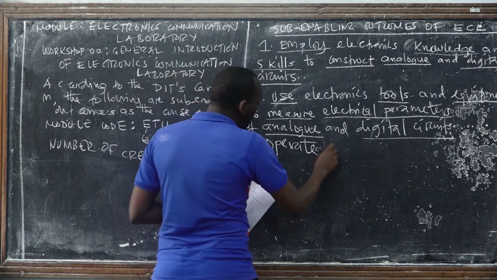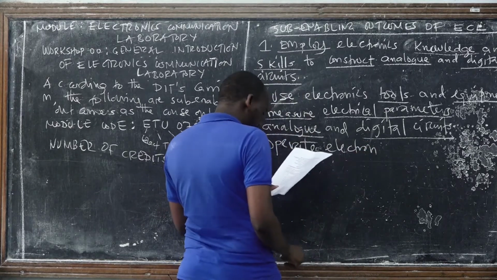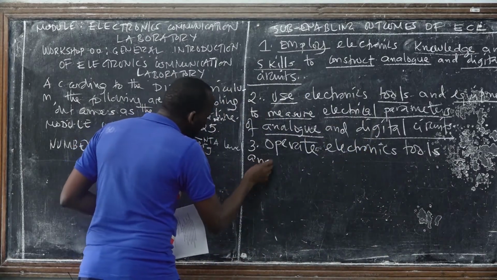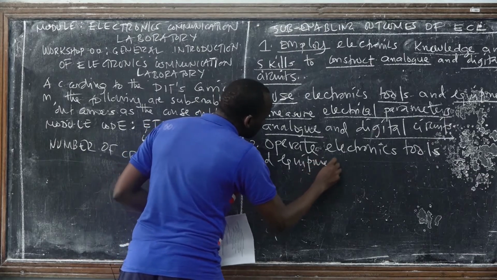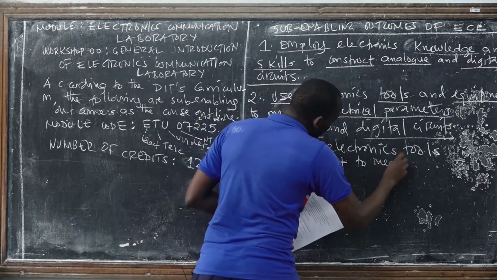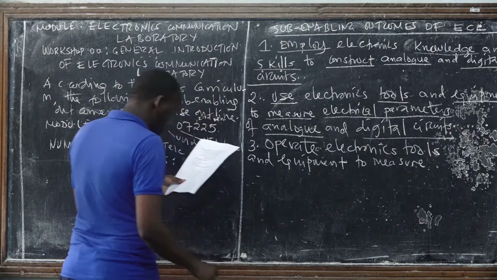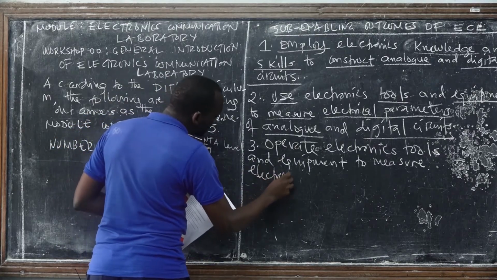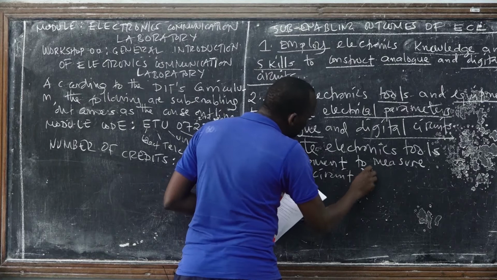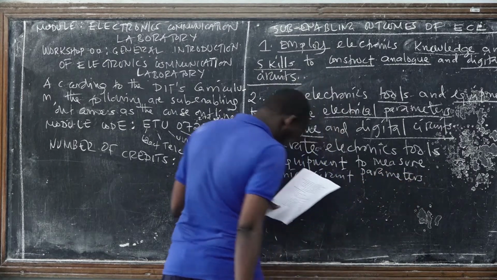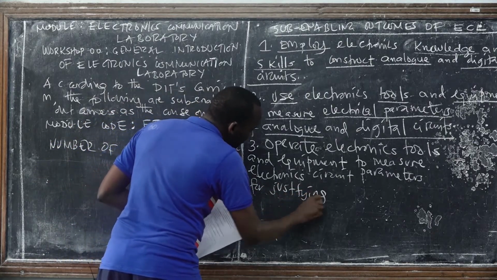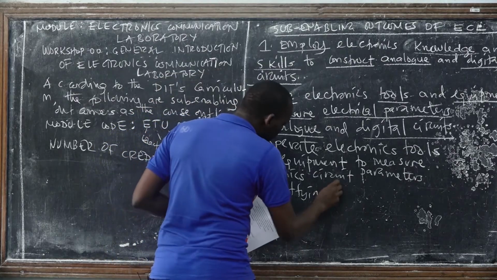So a student has to be able to operate electronic tools and equipment to measure electronic circuit parameters for justifying system performance.